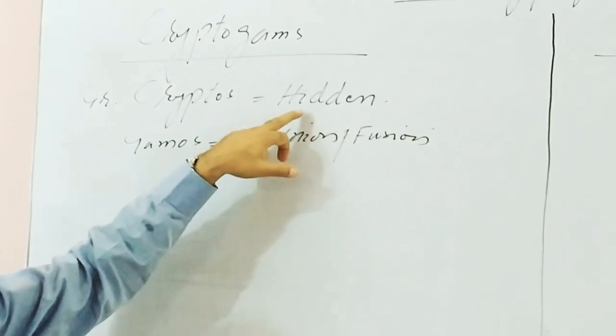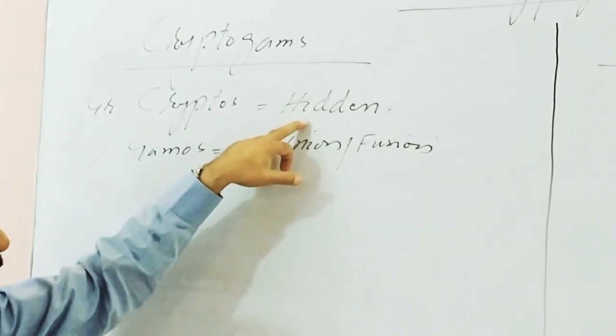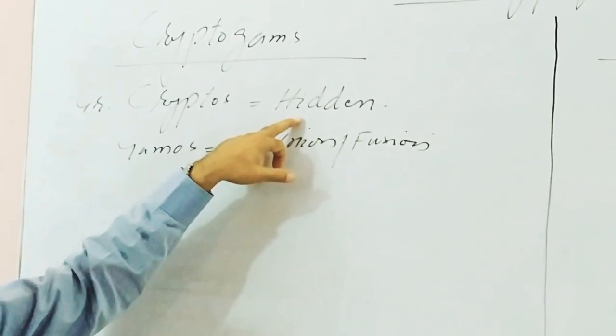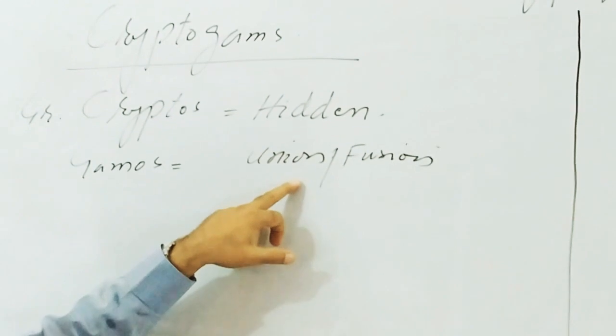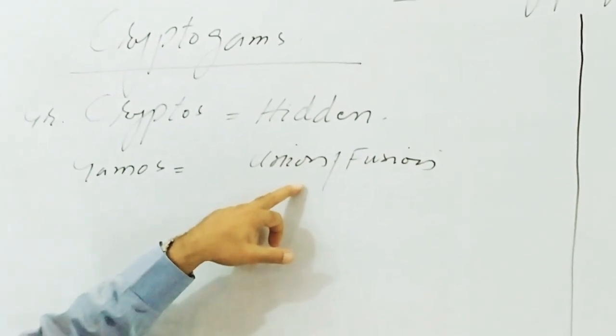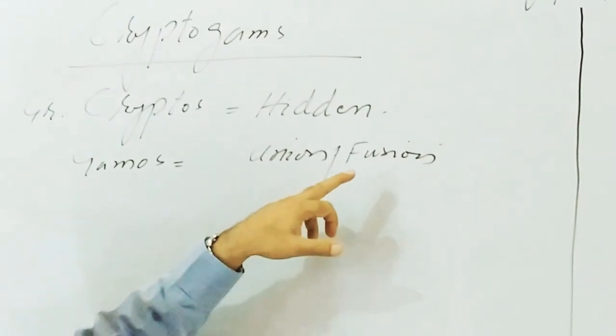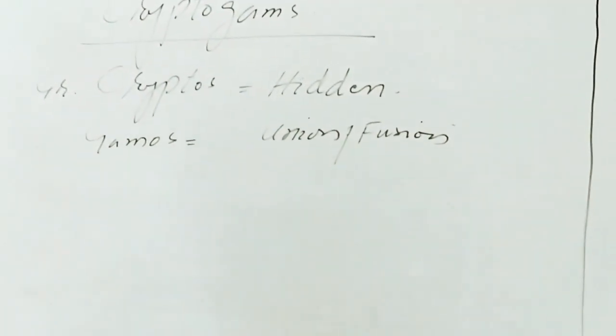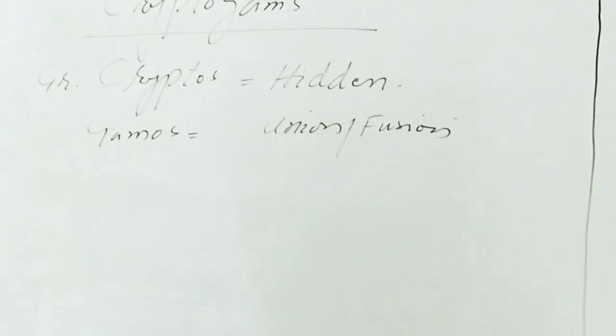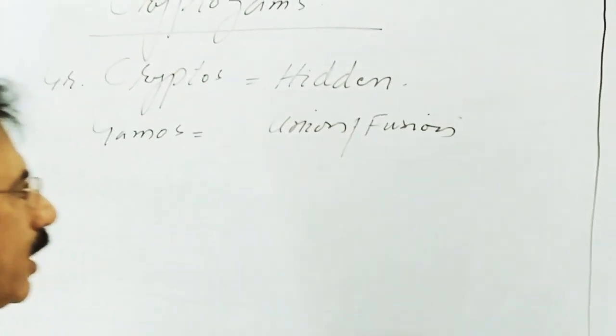Thus their organs are unable to be seen, and within these organs the reproductive cells, the gametes, fuse with each other to form the zygote. The zygote develops to form the embryo, and the embryo develops to produce a new plant.